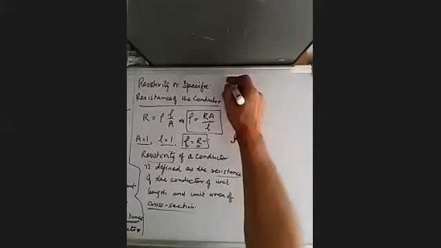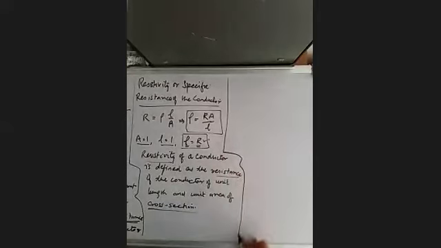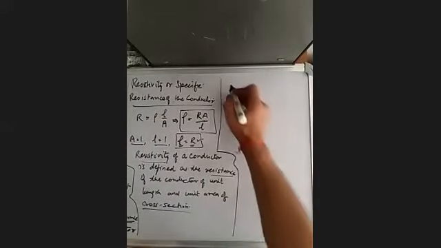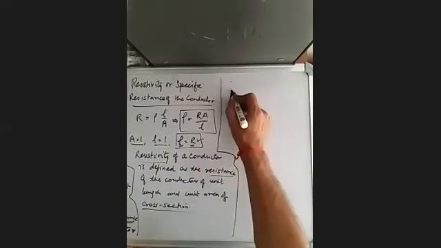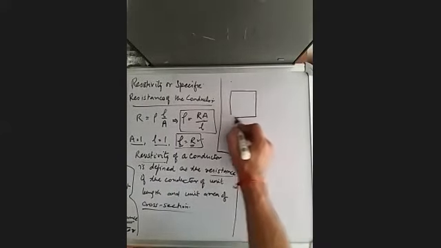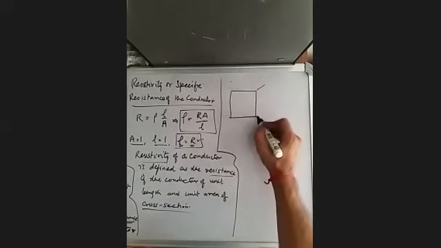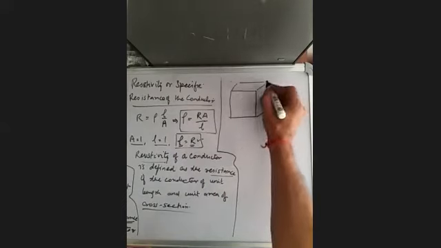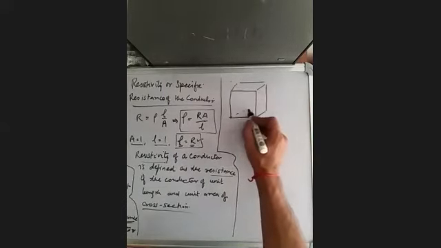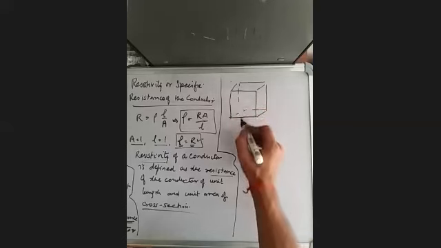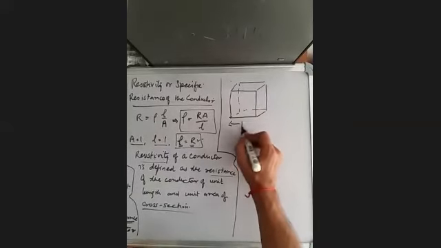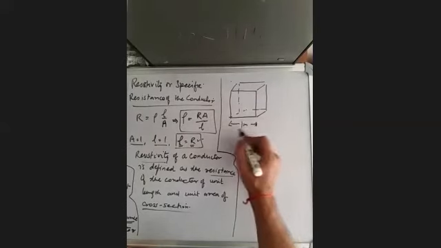And we can define the same in other ways also. Suppose we take a block, a cube of any material, say copper, aluminium, or whatever material you want to take. So we take a cube, and each side of the cube is 1 meter. That is unit.